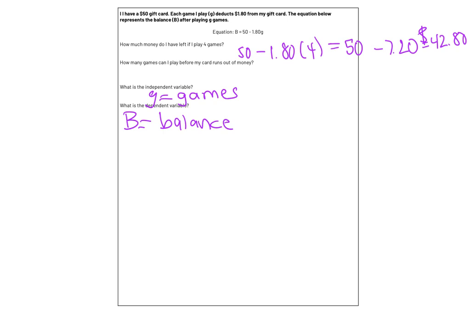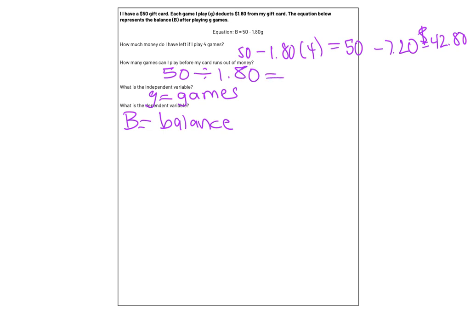You have your original equation, but we're really looking for how many games I can play for $1.80. So really what I'm going to do is say 50 divided by the 180 per game. And remember, I need whole numbers.